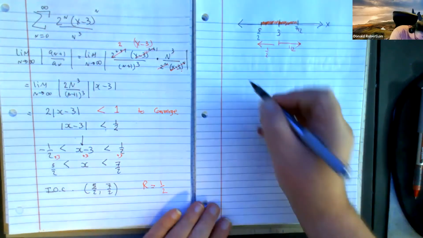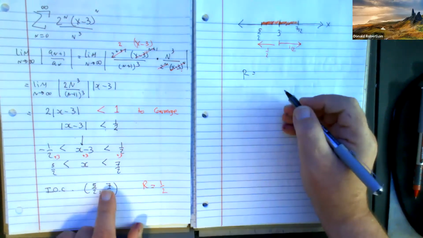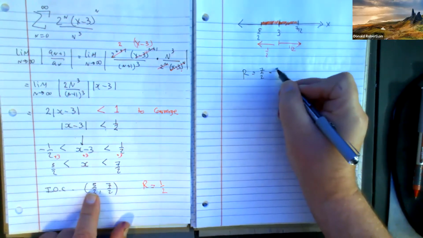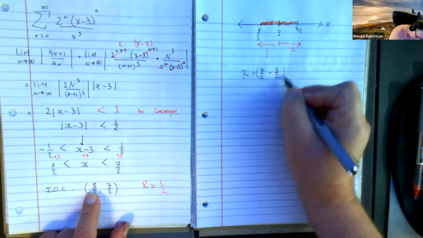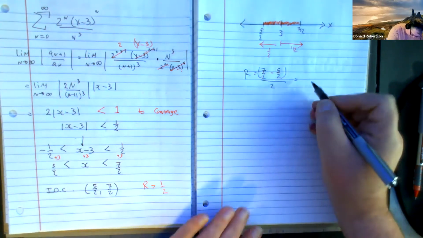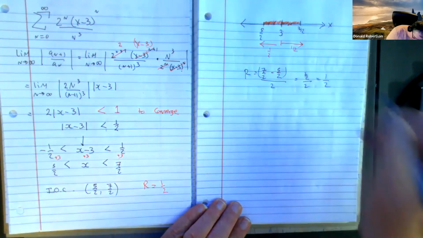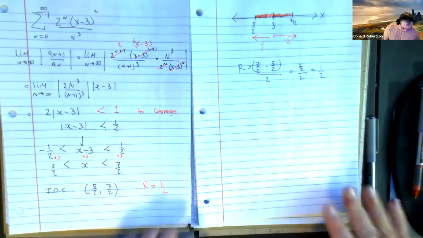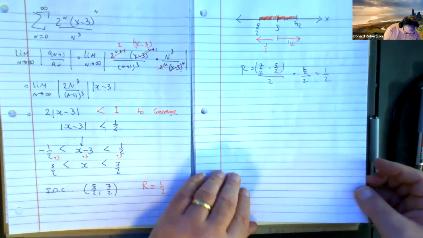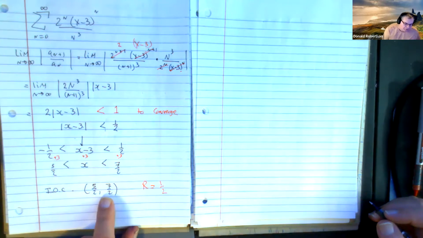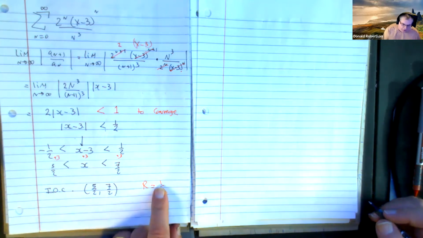Another way to get r: take the biggest number in the interval, subtract the smallest number of the interval, and then half your answer. Yeah, that's a different way of getting it. So we have our initial phase 1 interval of convergence, and the r value is going to be a half, and that's not going to change.